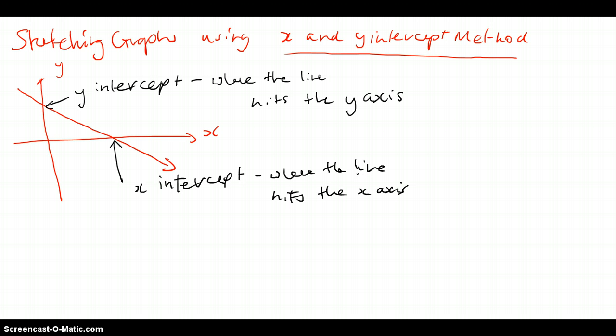Alrighty? So, I'm going to give you a bunch of steps when sketching with the X and Y method, so hopefully you can incorporate this into the following example.